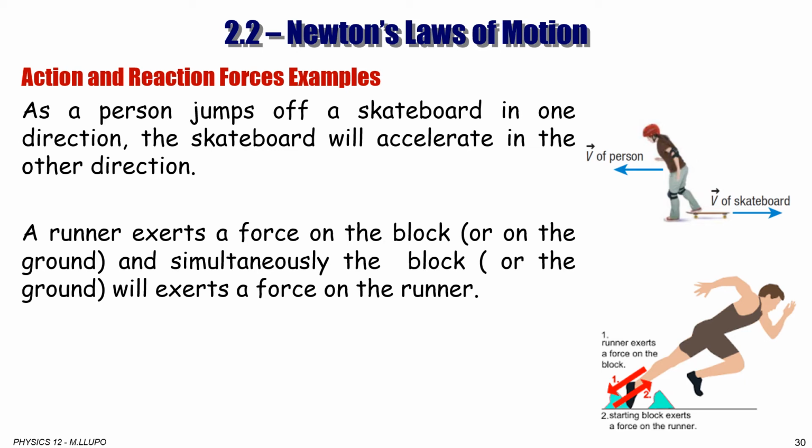How does that work? The block is fixed on the ground, and when the athlete starts the race, the athlete pushes back on the block, and in return, the block pushes the athlete forward, so the athlete can start the race.